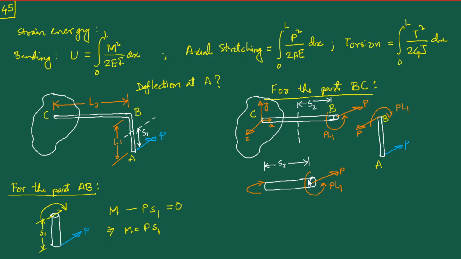So if you curl your finger along this arrow, then your thumb would be pointing in the positive x direction. And this one, if you curl your finger again along this arrow, then your thumb would be pointing in the negative y direction.